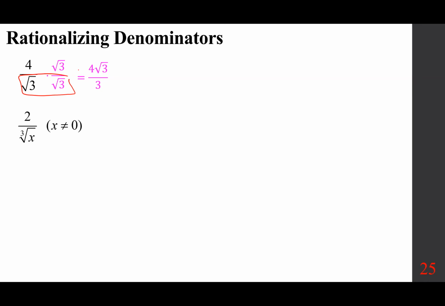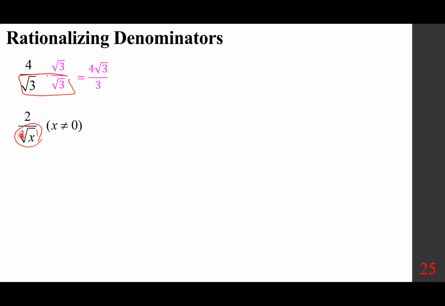It is extremely important to know you want this to come out. So you can't say I'm going to multiply it by cube root of x. You are going to multiply it by something such that it comes out. For that, you look at the index and you look at the exponent. Let me write the exponent. The exponent obviously is 1. For this to come out, we need the exponent to become 3. So we need x squared.